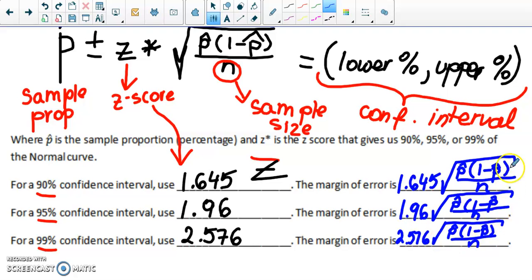So your formula will change depending on how confident you want to be, and all you do is replace the z-score here. This is the margin of error that you will be adding and subtracting from the sample proportion to get the confidence interval.